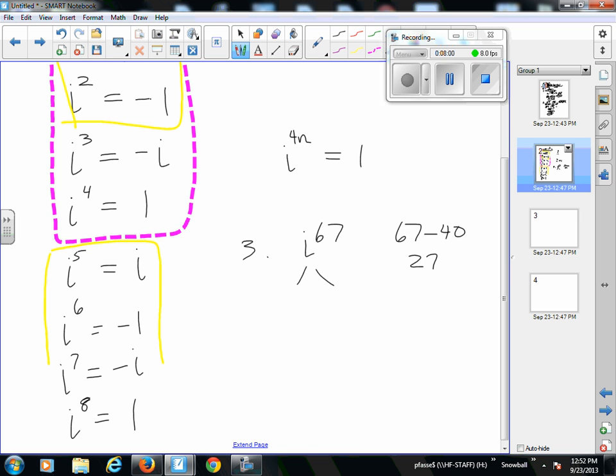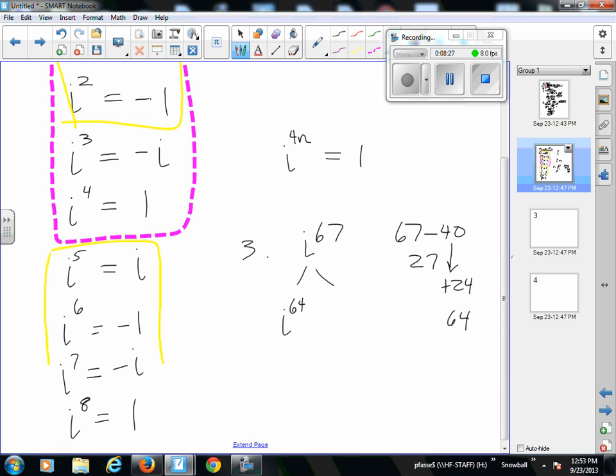So, less than 27, what is your multiple of 4 that is just less than 27? That would be 24. So if I had 24 more than that, that would be I to the 64th power. That is, 64 is the largest multiple of 4 just less than 67.